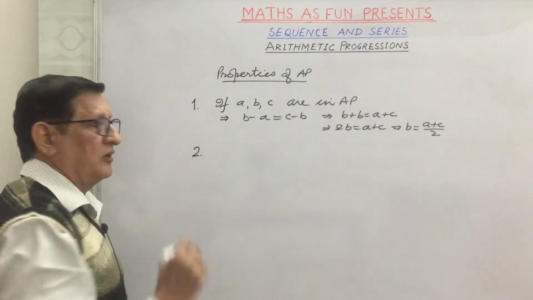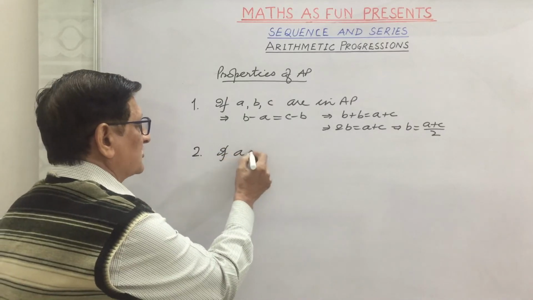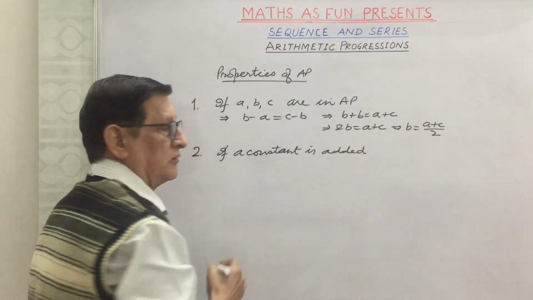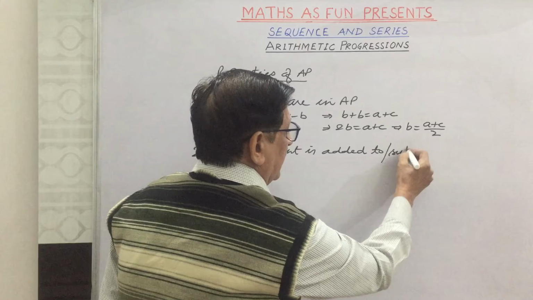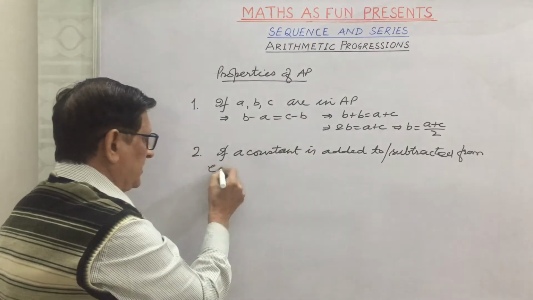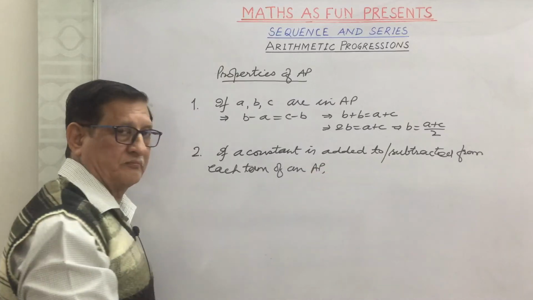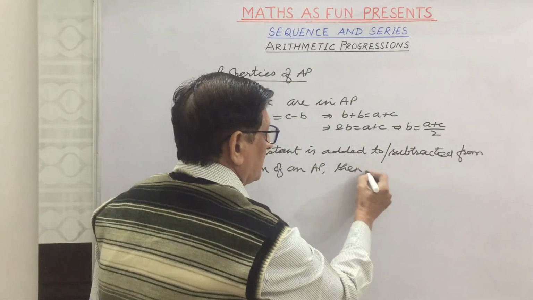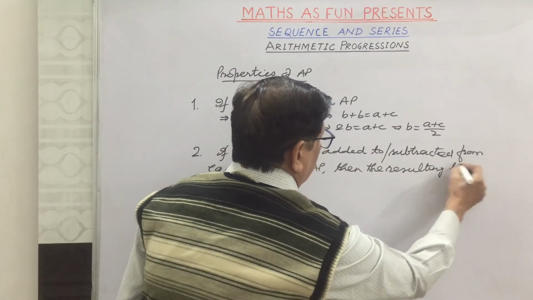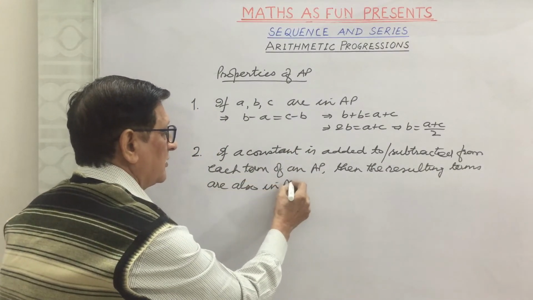The second property, we can combine two properties in one, that is, if a constant is added to or subtracted from each term of an AP, then the resulting terms are also in AP.